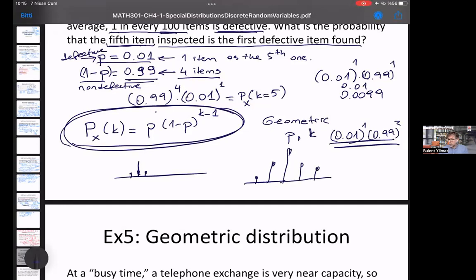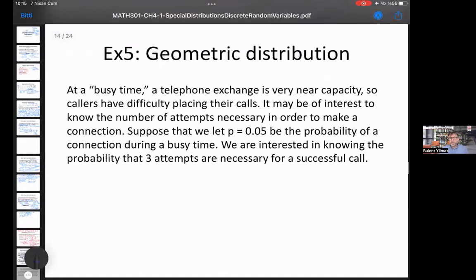In the geometric distribution, the p-value is the main idea. It all depends on this PMF, and from this PMF I can calculate the specific probability. Okay, so let's go to the next question.